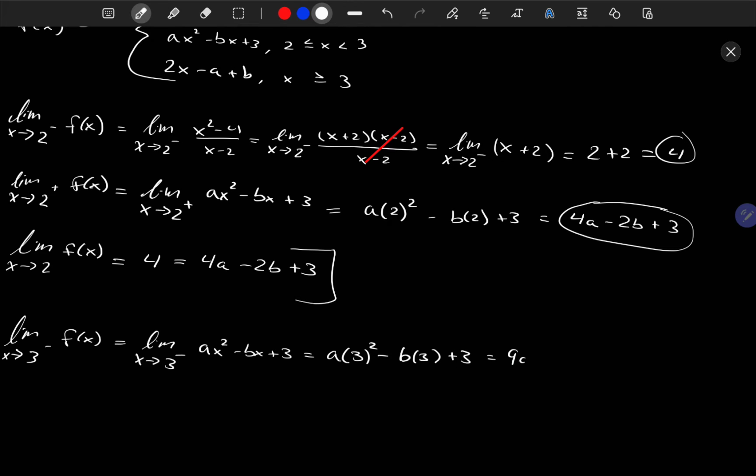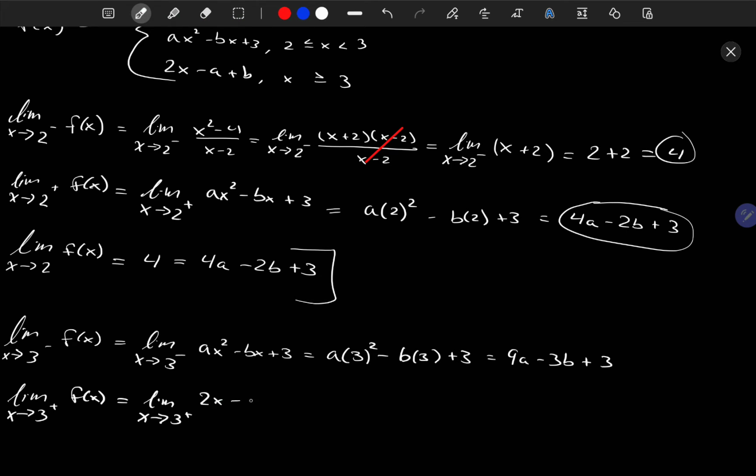We have 3 squared is 9a minus 3b plus 3. And remember that x is also greater than 3. So we have the limit as x approaches 3 from the right of f of x. In this case, we're going to be using this piece because x is greater than or equal to 3. Just make sure to keep that in mind.